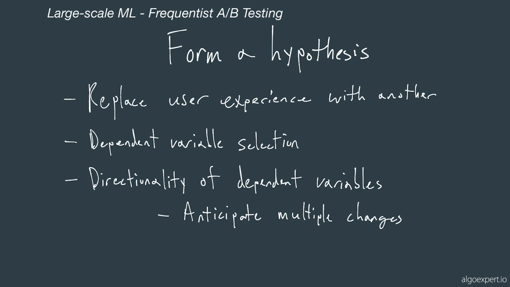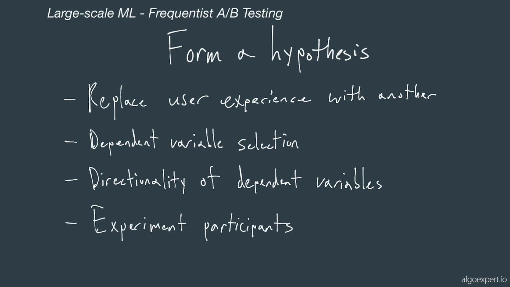So if the ML algorithm is increasing revenue by pushing a bunch of those loss leaders, you also want to be very specific about what will happen to profit. Will it go up, stay flat, or go down? Again, the idea here is to be very specific about which direction each dependent variable will move based on the presence of your new experience.